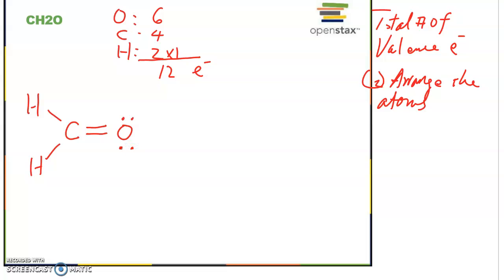This is the first one. The second one is I just switch the position of the oxygen and carbon. So oxygen will be at the center and carbon will be over here, and that is linked to hydrogen and hydrogen.